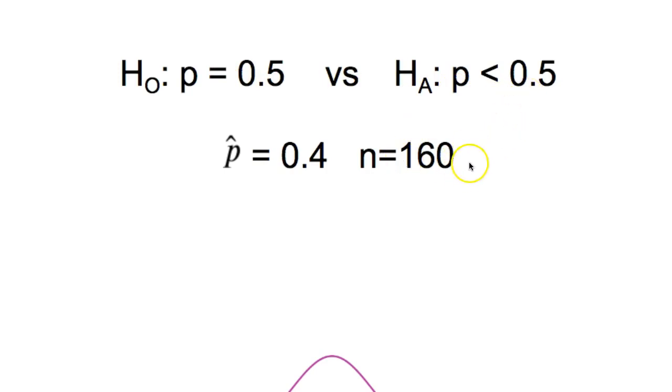And the evidence I have against the null hypothesis, this is the evidence I've gathered, is a sample of 160 with a p-hat of 0.4. So I'm assuming this is true. The sample serves as evidence against it. And I want to know, is the evidence strong enough?